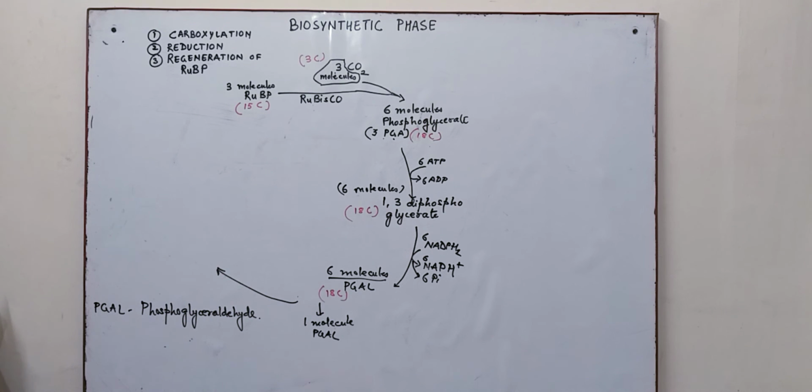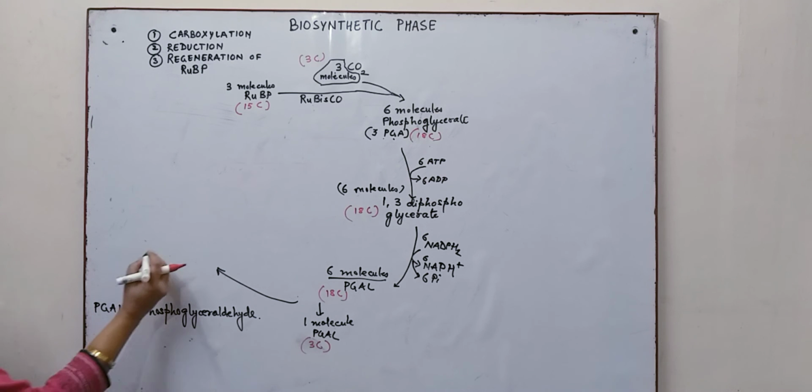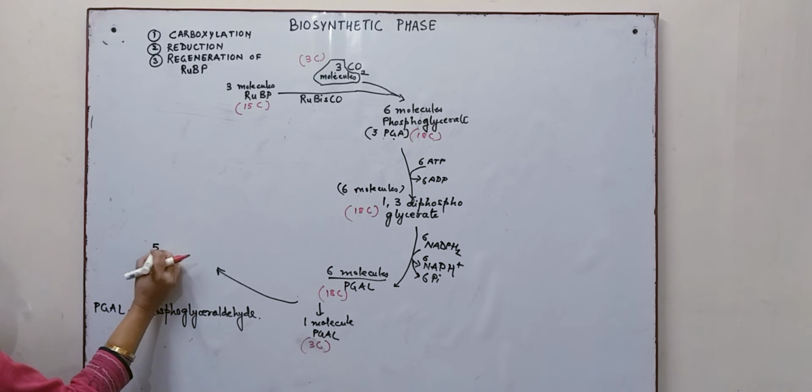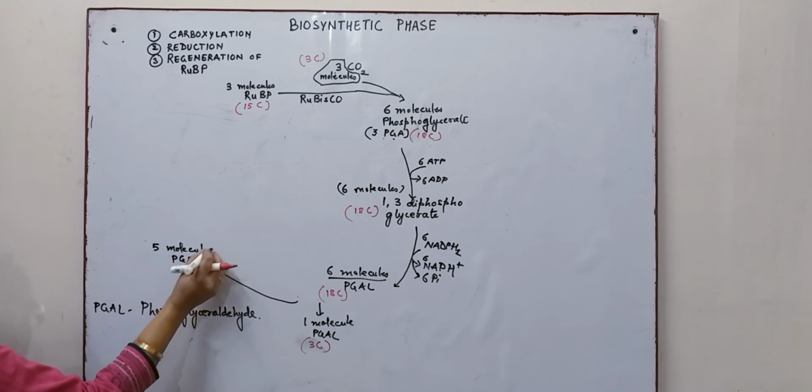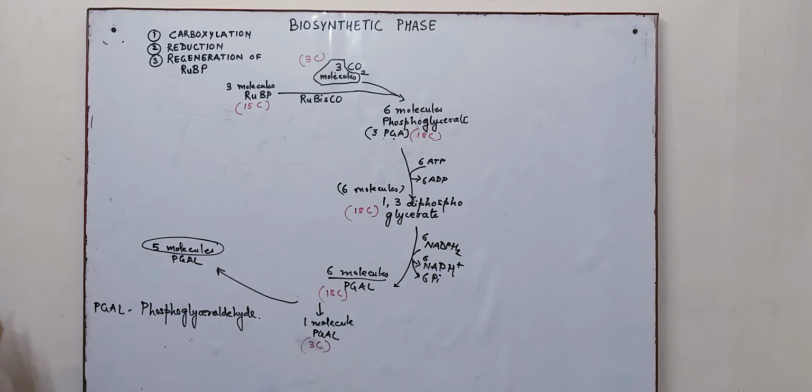So we have 1 molecule which has come out, and since it is a 3 carbon atom compound, 3 carbon have moved out over here, and the remaining 5 molecules of PGAL will continue with the cycle.